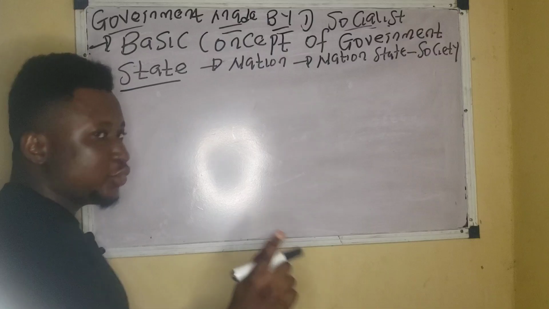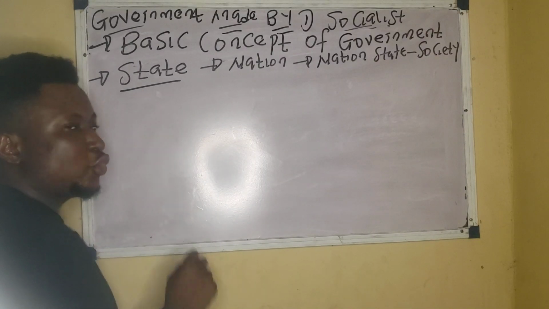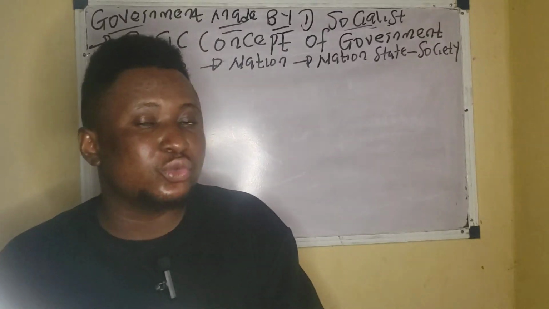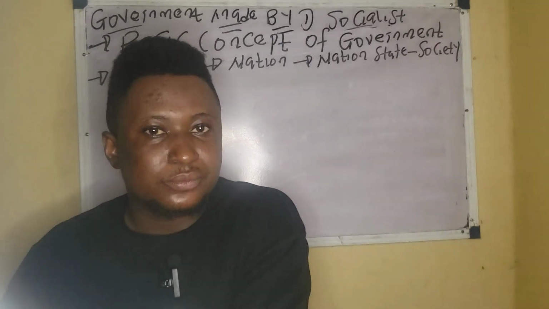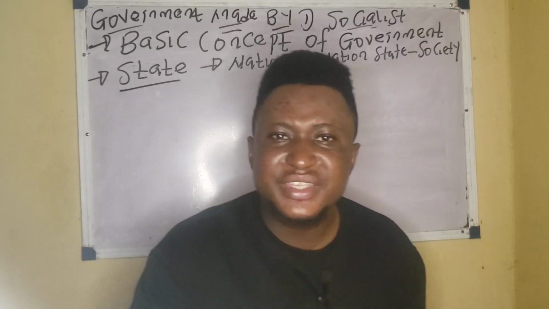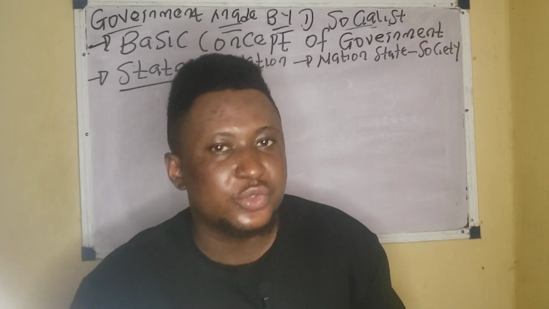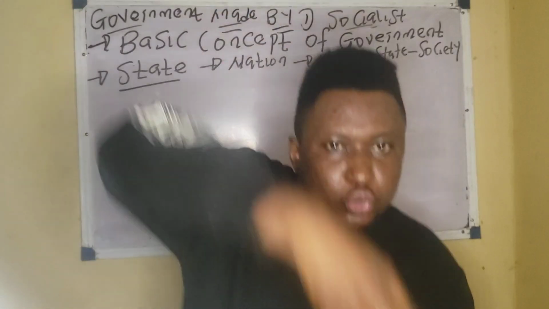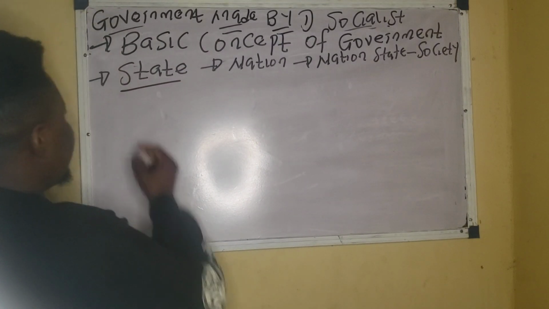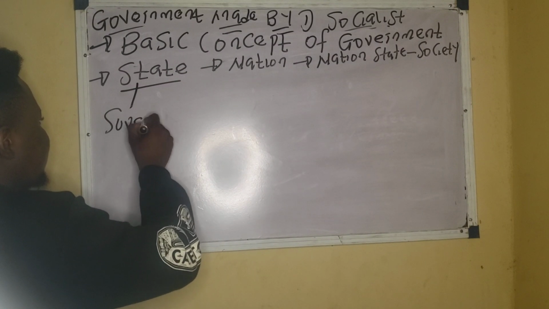Let me show you another thing again. A state can also be defined as a group of people living in a particular geographical territory with the presence of sovereignty. It means that in a state, sovereignty exists, which is very important.